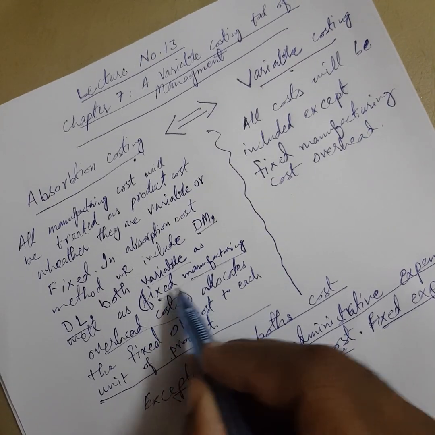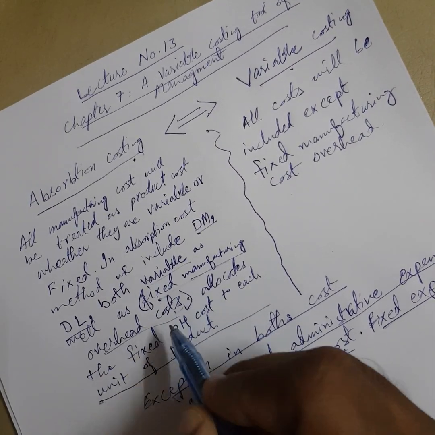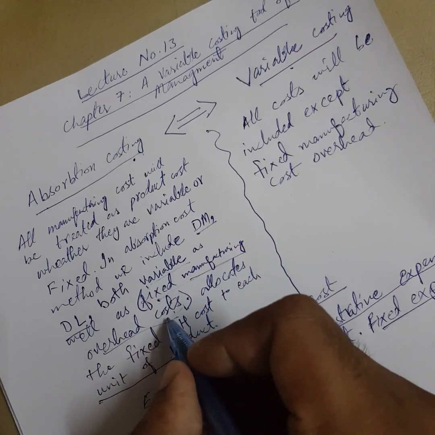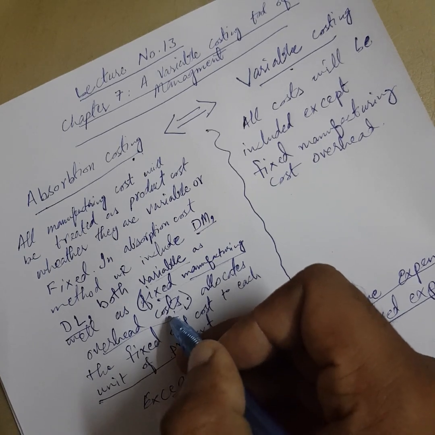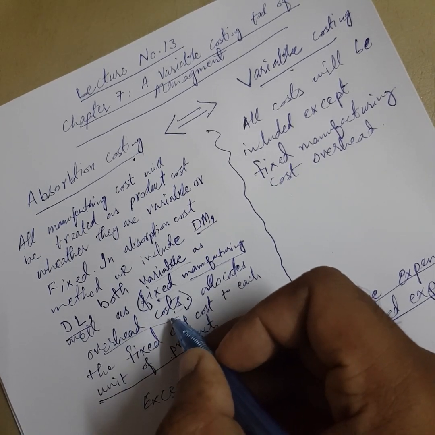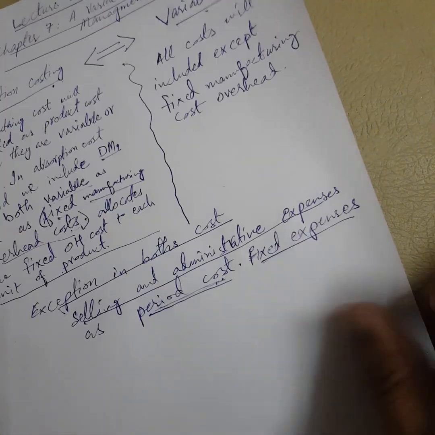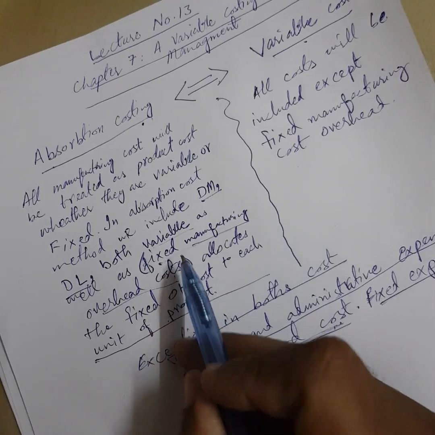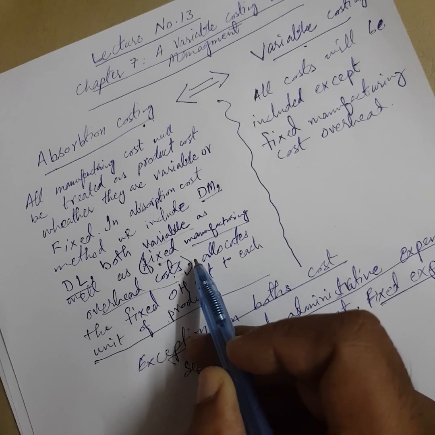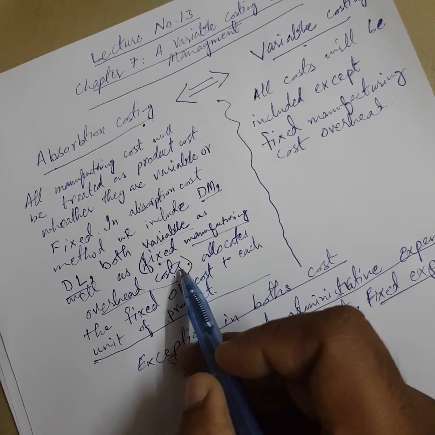As compared to it, these fixed manufacturing overhead costs are included in the product, or they are part of the manufacturing of the product, so they will be considered as product cost. This type of fixed expense will be considered as period cost, and this type of fixed manufacturing overhead cost will be treated as product cost.